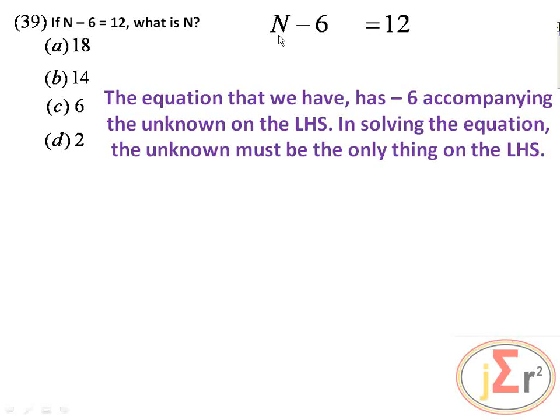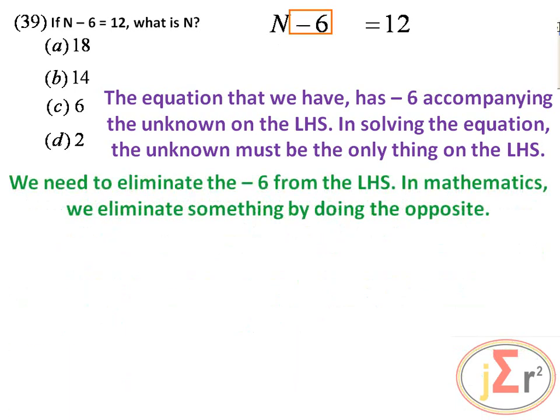If we are going to find n, when we are through, n has to be the only thing on that left-hand side. But it is accompanied by negative 6 on that left-hand side. What do we need to do? Jerry is saying that we need to put down another 6. That's correct. But we may not just put it down. We have to know exactly how to put it down.